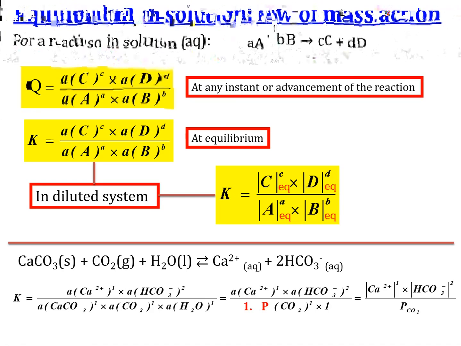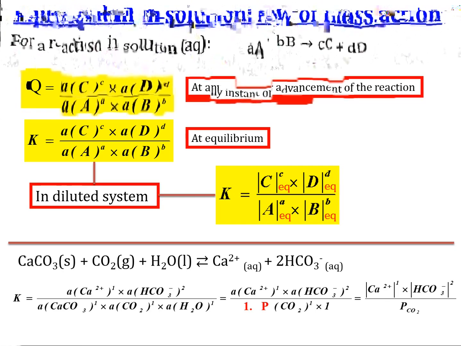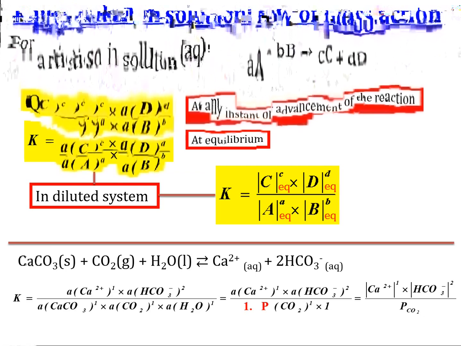Important to say in this example that the activity of CO2 is equal to gamma PCO2, but I consider in this example gamma equal to 1 since my solution is supposed very diluted.